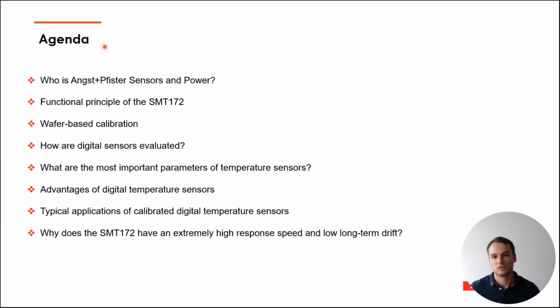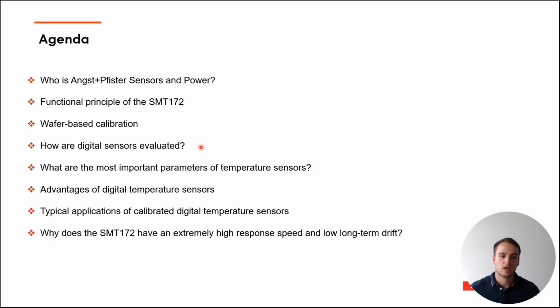On this slide I will show you the agenda for today. First of all I want to show you who Angst+Pfister Sensors and Power is. Don't be worried, it's just a short introduction and will take maybe 30 seconds. Afterwards I want to show you the functional principle of the SMT172, which is our temperature sensor with a duty cycle as the output signal, and on the basis of this I will show you the wafer-based calibration.